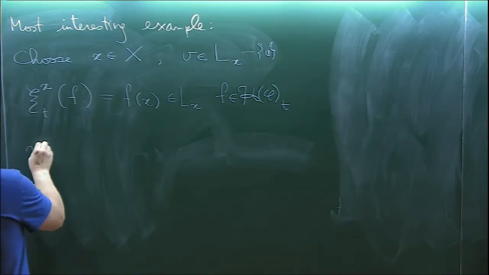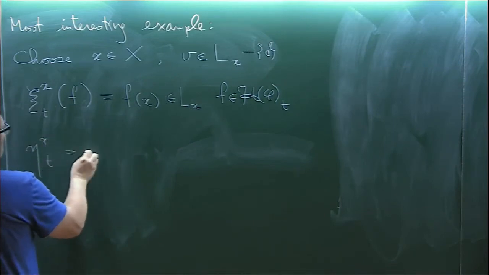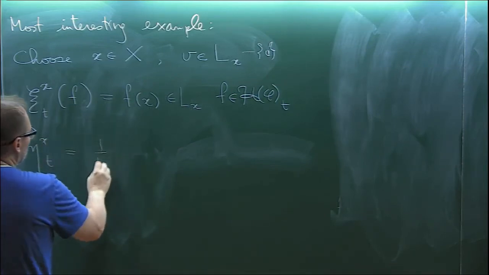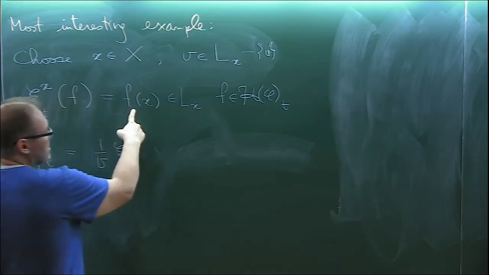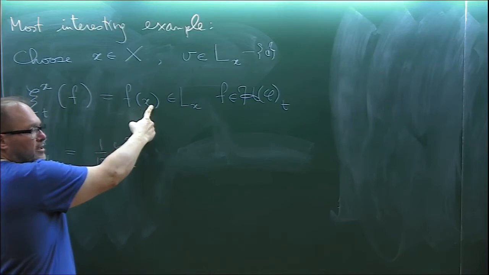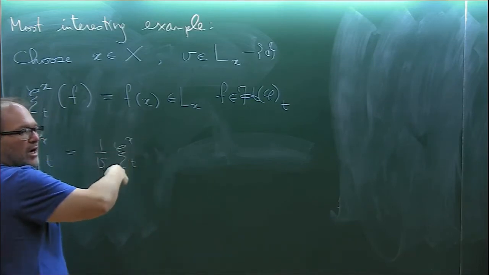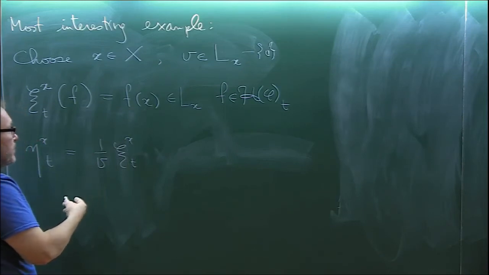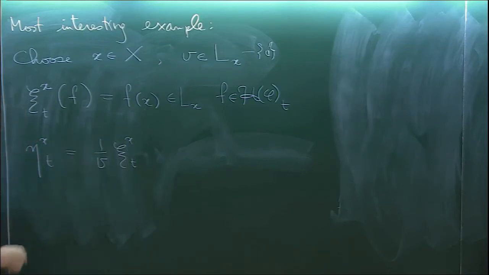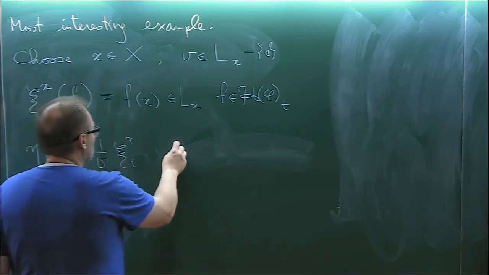Then you can define maybe eta xt to be, I'll just write it vaguely as 1 over v times C xt. It just means that this section F at the point x is some number times this vector v, because v serves as a basis for the fiber. So that's the number I'm going to give. Well, actually, I don't care so much about this one. This is an example. So this is holomorphic.